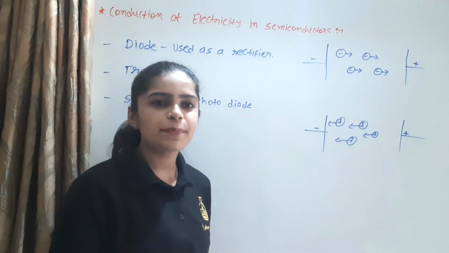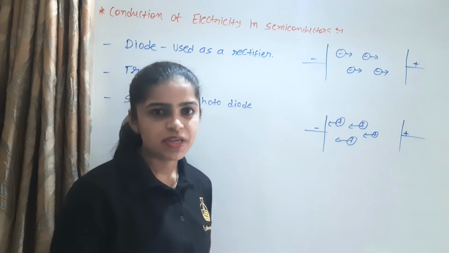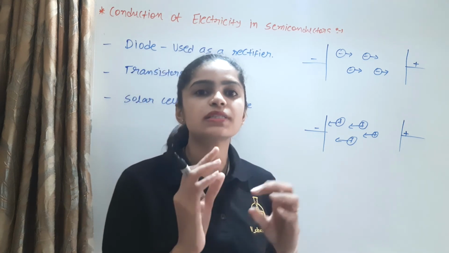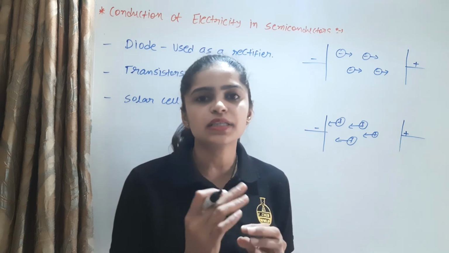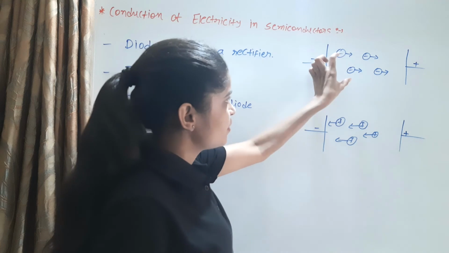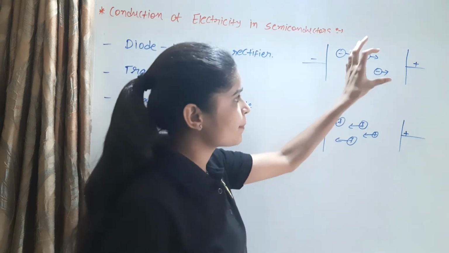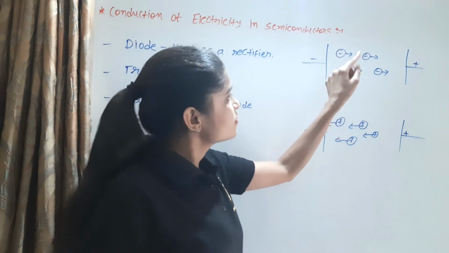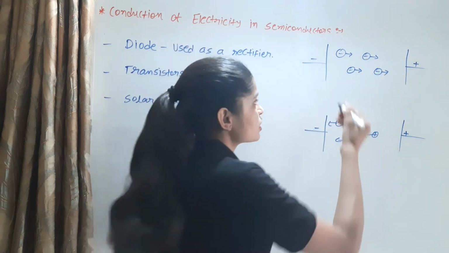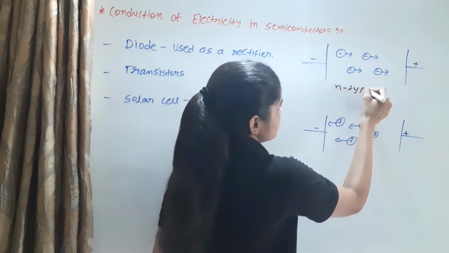Application of n-type and p-type semiconductors. We know that the n-type semiconductor depends on the electron, and the p-type semiconductor depends on the hole. For example, this is the electron. When an electric field is applied on the silicon crystal, free electrons move towards the positive charge. So this is known as the n-type semiconductor.